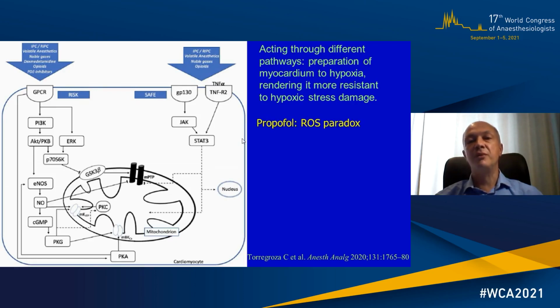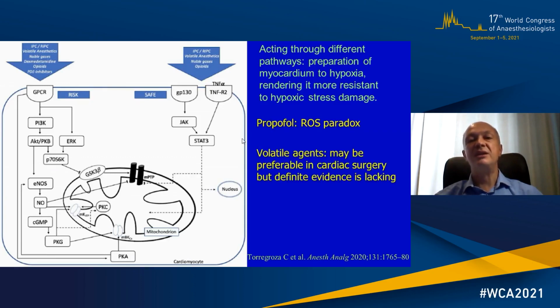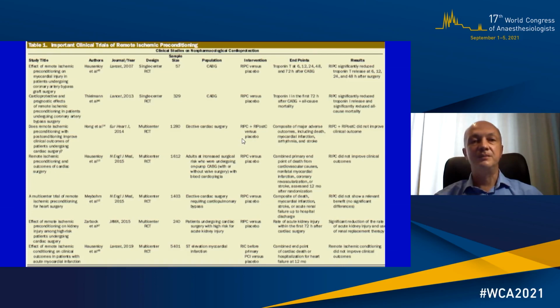Some agents, like propofol, have contradictory effects. On one side, it can inhibit reactive oxygen species, but on the other hand, by this mechanism, it suppresses the protective effects of volatile agents. Thus, also, as it has been shown, desflurane, sevoflurane, and isoflurane can be preferable in cardiac injury during cardiac surgery, but the definite evidence for these agents for improvement of clinical outcome is still lacking.